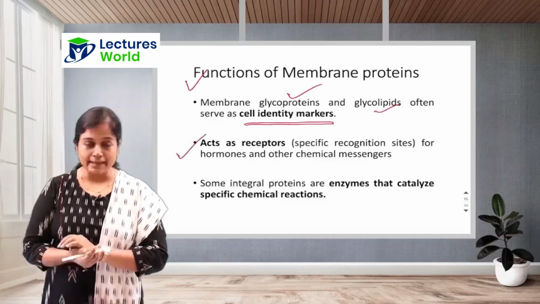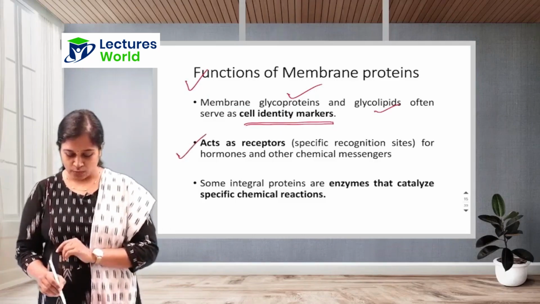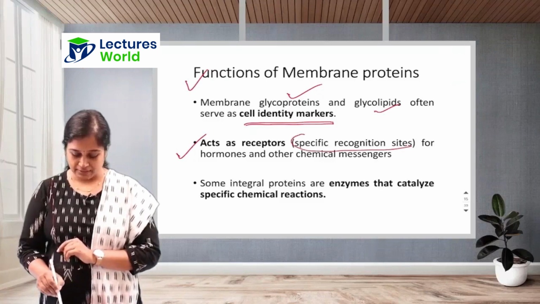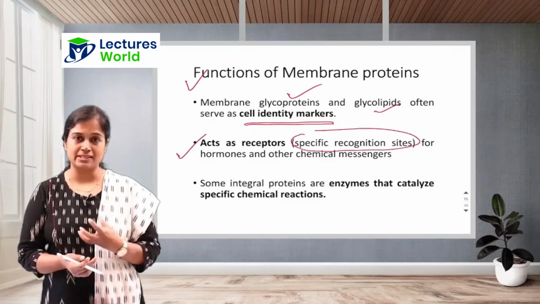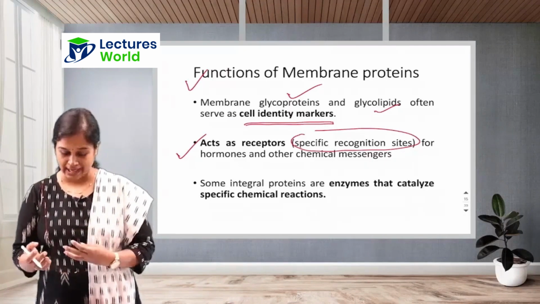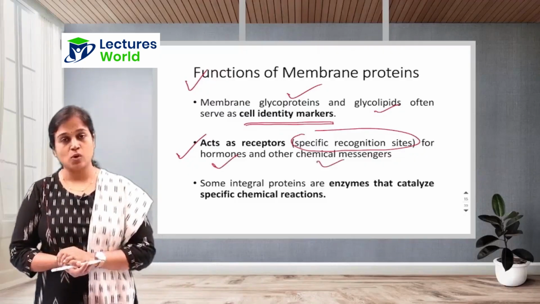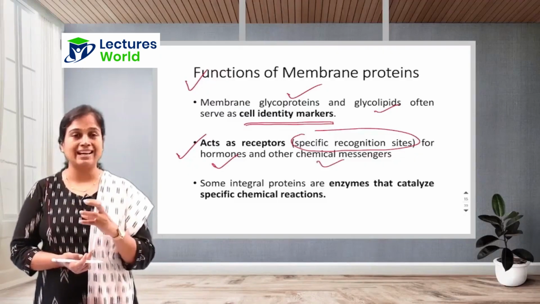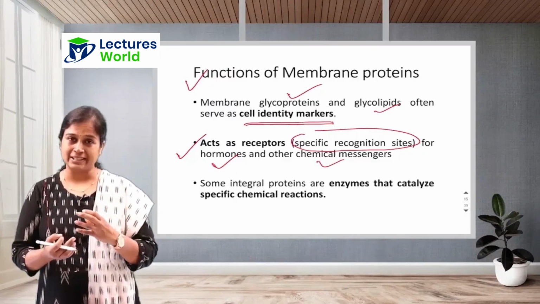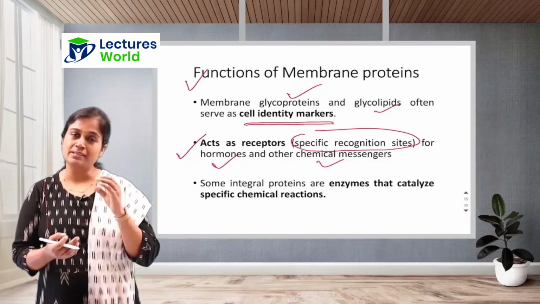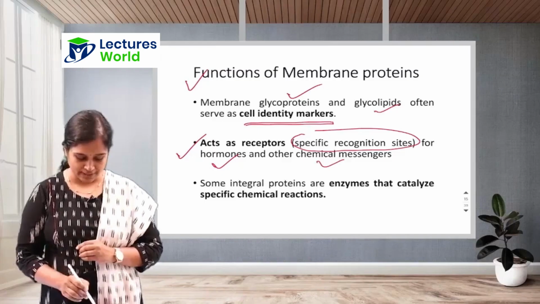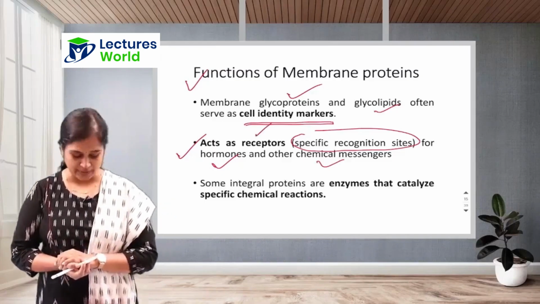The second is that it acts as a receptor. It acts as a recognition site, certain specific recognition sites for hormones and other chemical messengers. So some chemicals and hormones interact at a certain particular site. That's why it is called a receptor.